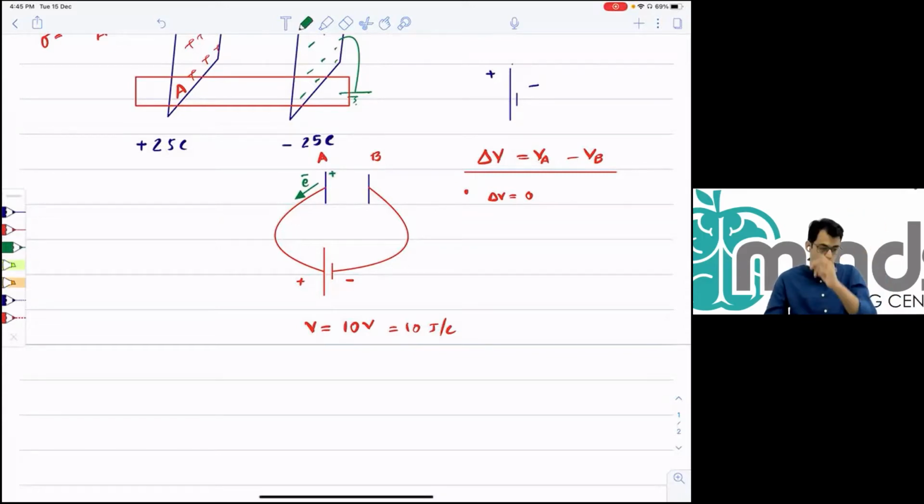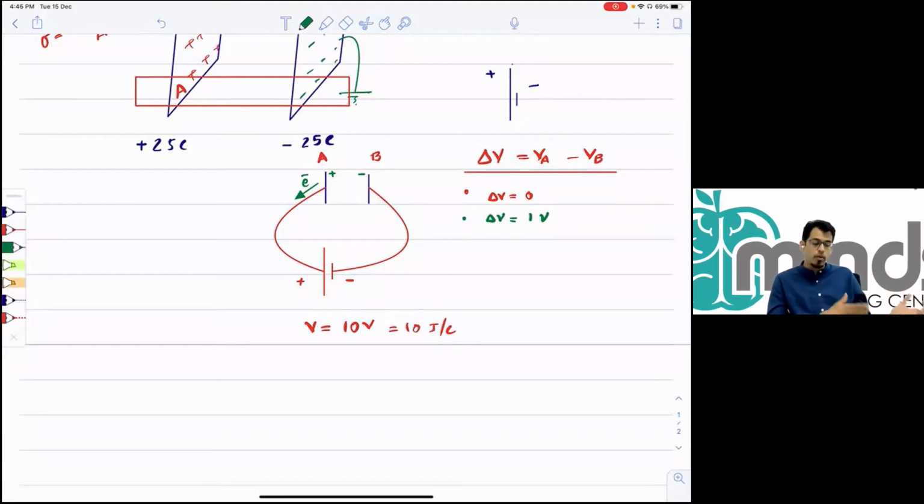Now that electron will move through the cell and will be deposited on plate B. So now the charge is not 0, which means there is some value of potential difference. Let's say this potential difference is 1 volt. Now there is a potential difference between the two plates of the capacitor and a potential difference across the cell. Which one is larger? The cell.